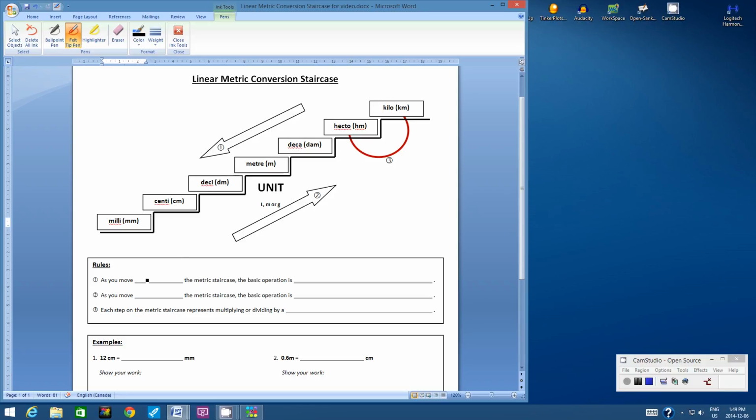As you move down the metric staircase, the basic operation is multiplication. And I want you to write here in brackets, numbers get bigger.